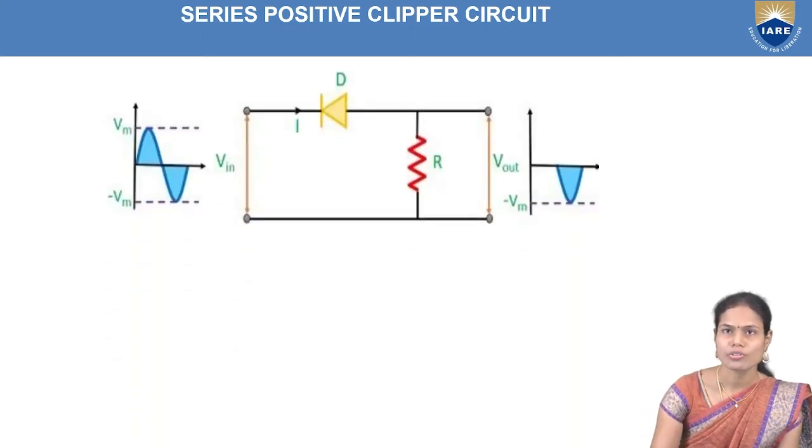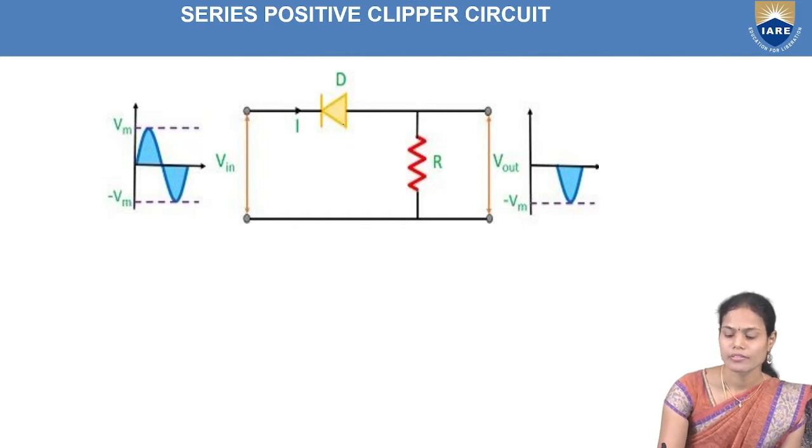So this is the circuit of the series positive clipper. Here we can observe both the diode as well as the resistor are in series. In order to see the operation of this clipper, first of all we have to know the operation of the PN junction diode.